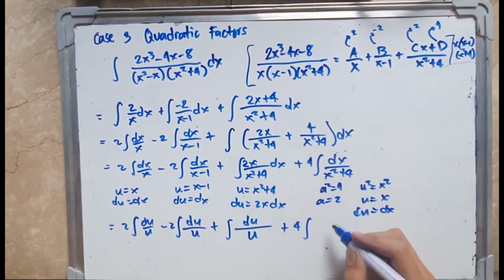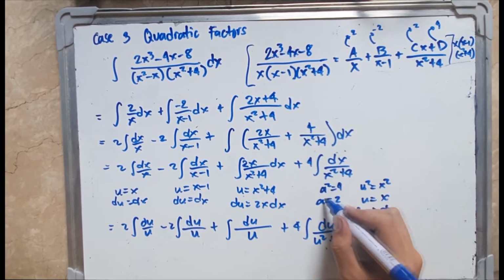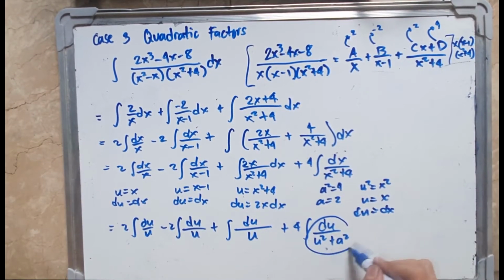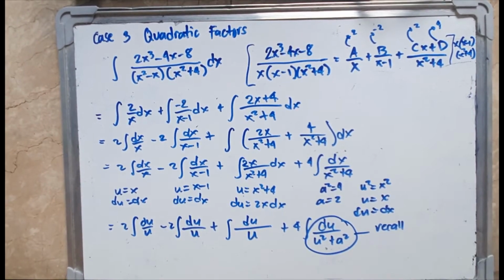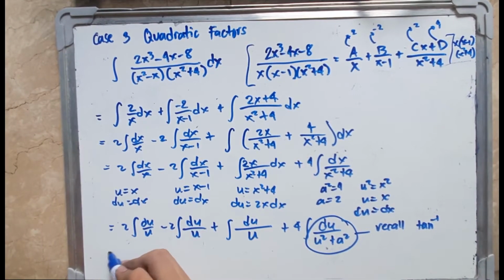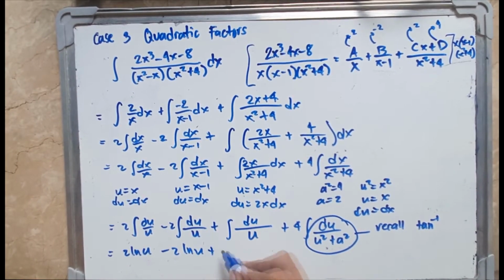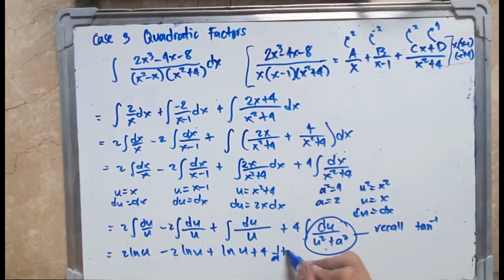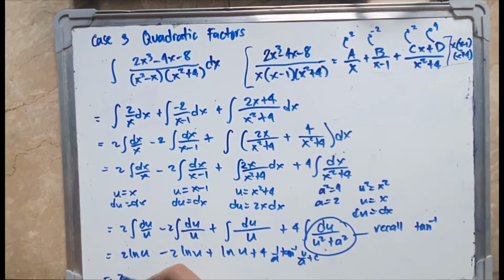dx is du, x squared is u squared, 4 is a squared. This belongs to arctangent. Recall arctan. This one is 2 ln u, minus 2 ln u, plus ln u, plus 4 times 1 over a arctan of u over a plus c. What is our ln u?